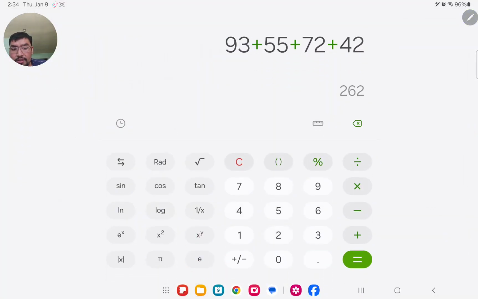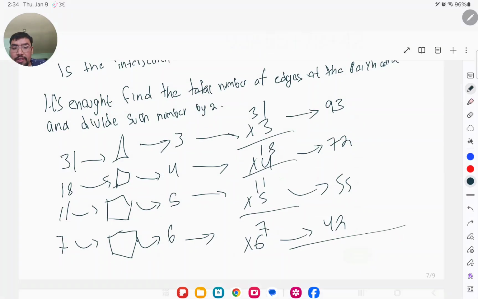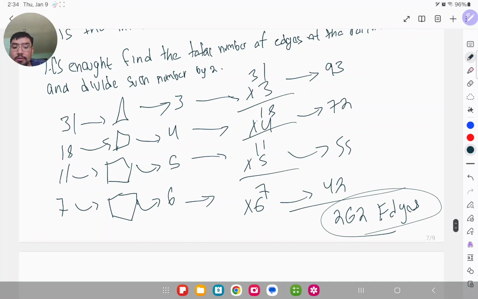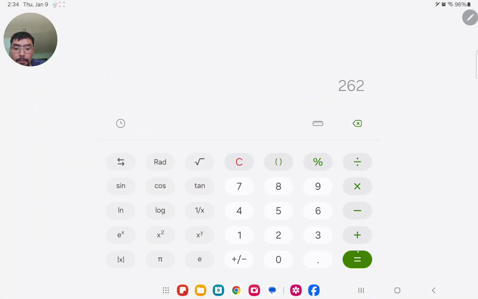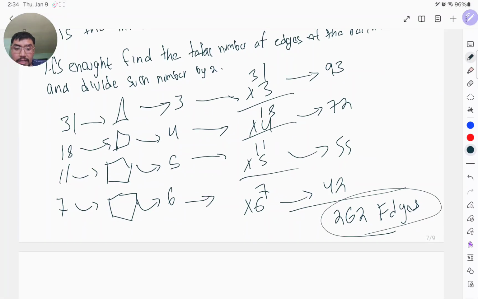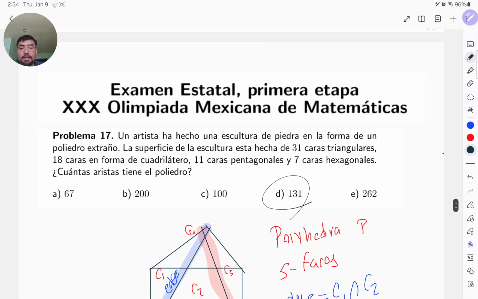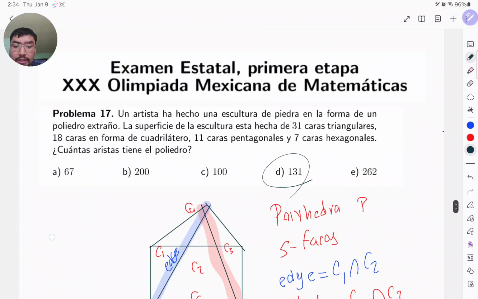We have 262 edge-sides, 262. Now let's divide this number by 2. 131. Then the correct answer is D.